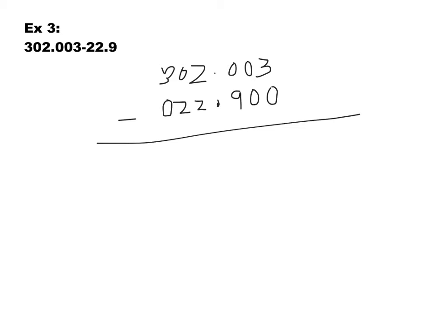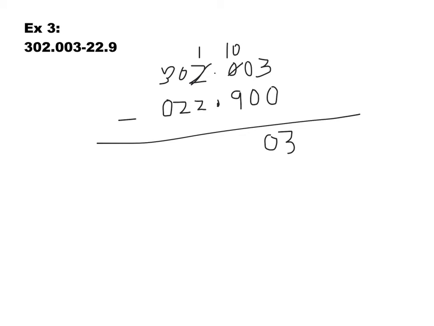So I'm going to say 3 minus 0 gives me 3. 0 minus 0 gives me 0. Now, I cannot subtract 9 from 0. So I'm going to borrow 1 from 2 here. So 2 becomes 1, and this 0 becomes 10.